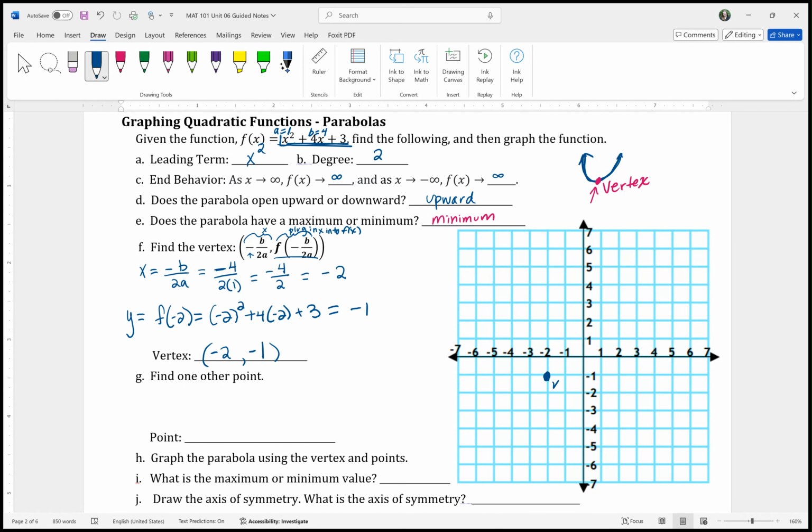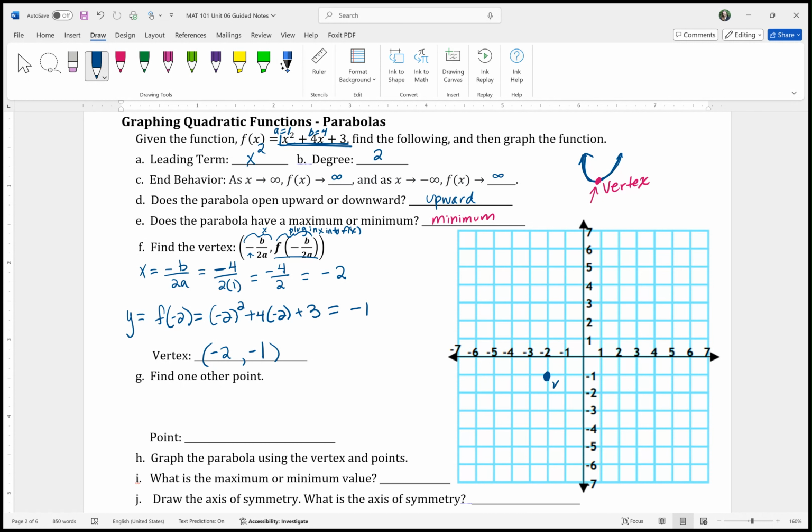Now, for the sake of graphing this on my computer, you need at least one other point. There's a couple different ways you can do this. I'm going to show you one methodical way, and then I'll show you an easier way. So let's talk about how we find one other point. You could technically pick any x value you want. This is like making that xy chart when we were graphing lines.